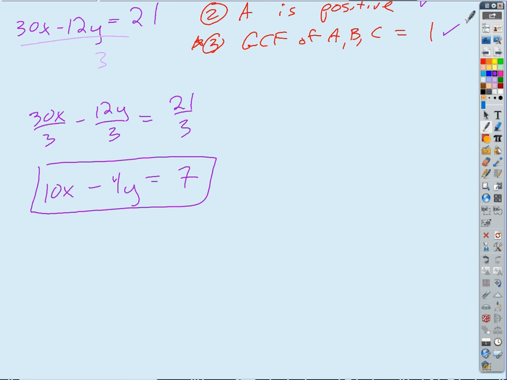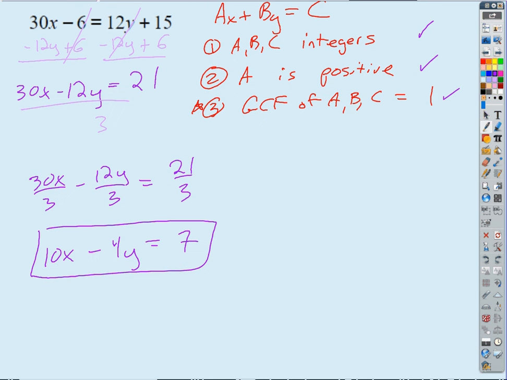Okay, so let's review what greatest common factor even means. I go back to Algebra 1 for a second. Greatest means biggest, common means shared, factor means something that divides into it, right? So we want the biggest number that divides evenly into A, B, and C to be 1.